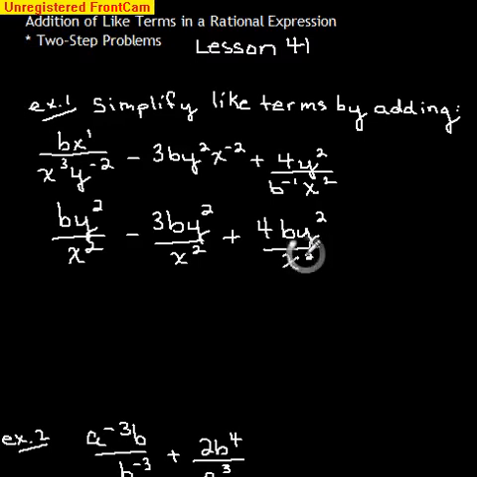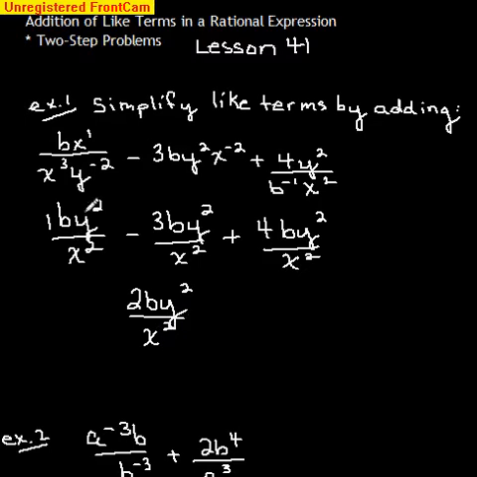They are all like terms because they have the same variables with the same exponents. So we're just going to add the coefficient of each term, or the number of each term. So we're going to get 1 minus 3 is minus 2, plus 4 is going to give us 2. So your final answer to this problem is going to be 2 b y squared over x squared.